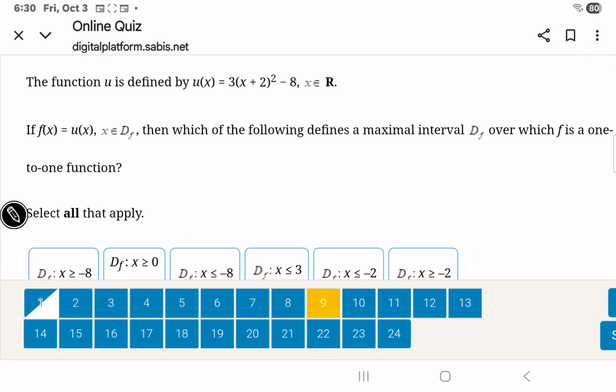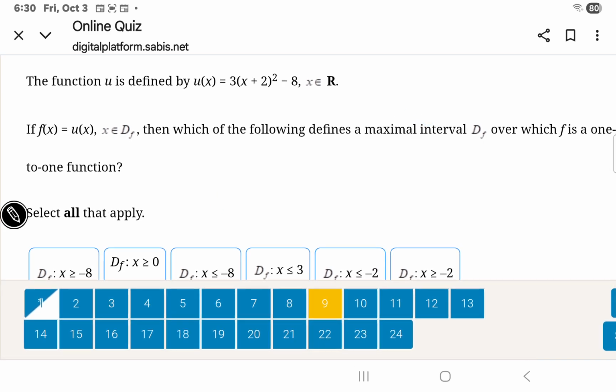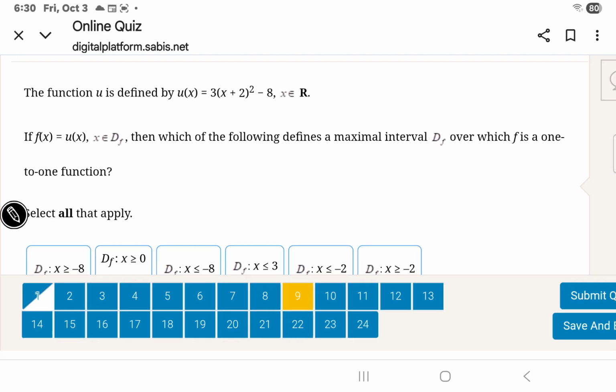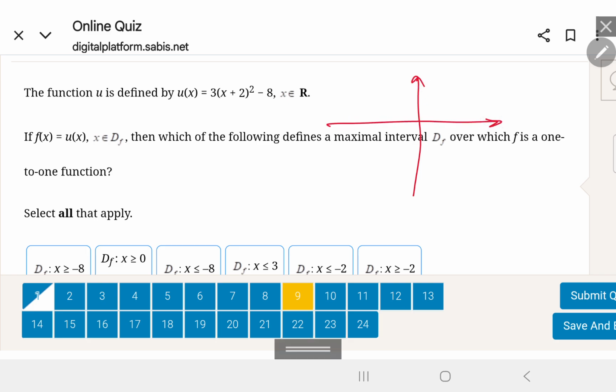The function is defined by this equation. Over which interval is it 1 to 1? Initially, this function is not 1 to 1, because when you graph it, you get something like this.